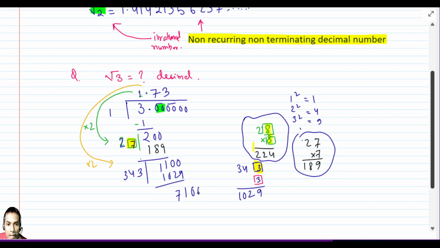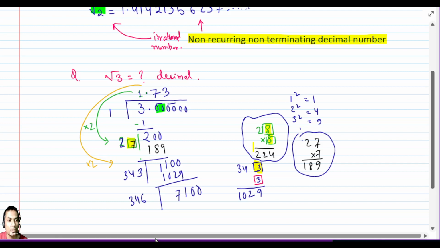Again you drop that 00, again you multiply this into 2, you get 346. Next you check it, if it is 6 then it is nearest to 7, so it's better we consider the previous value. So 34, again you just consider a box, and this box value also here and multiply it.